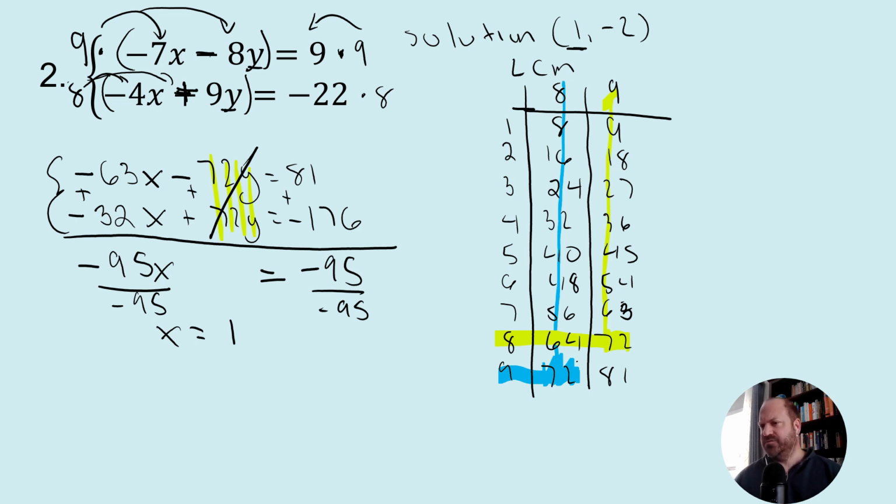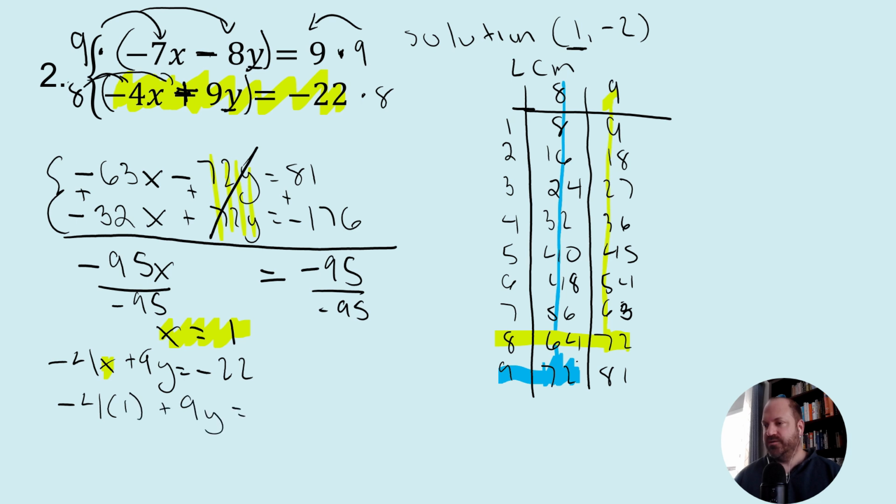I'm going to use the bottom equation here. So x is 1. Let's put that 1 in for x. So I'm going to have negative 4 times 1 plus 9y equals negative 22. Negative 4 plus 9y equals negative 22.